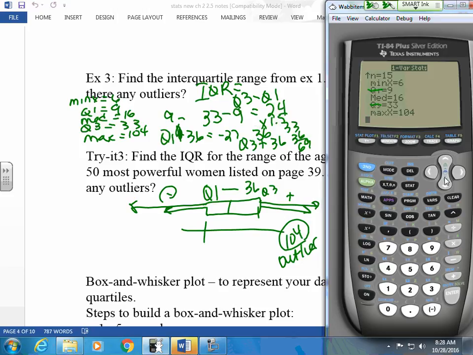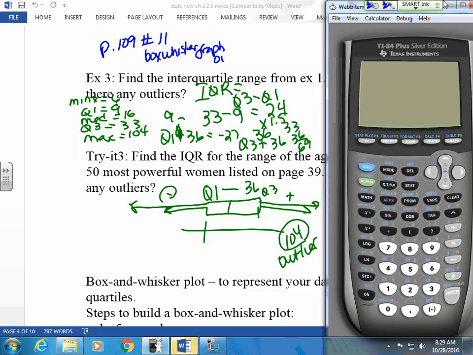Okay, turn to page 109. 109, number 11. Page 109, number 11. I want you to make me a box and whisker graph.